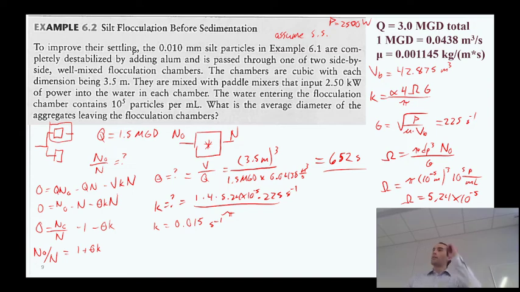Okay, with all that information together, we can say n naught over n is equal to 1 plus that theta, which we calculated, 652 seconds, times the k, 0.015 seconds to the minus 1. If we did all that properly, just based on my memory, this should be 10.82 or something? Yeah, I got 11.02.